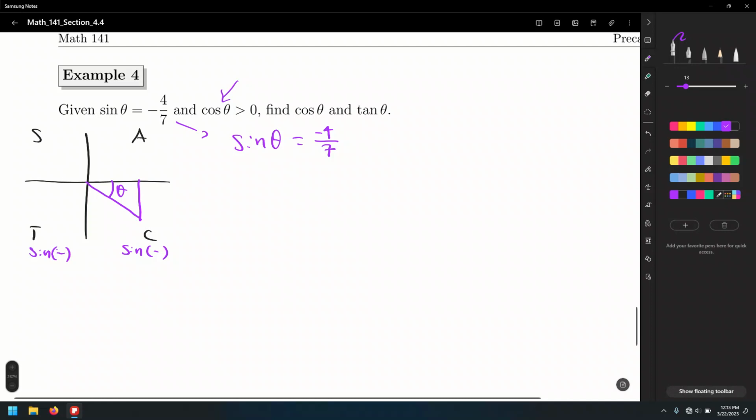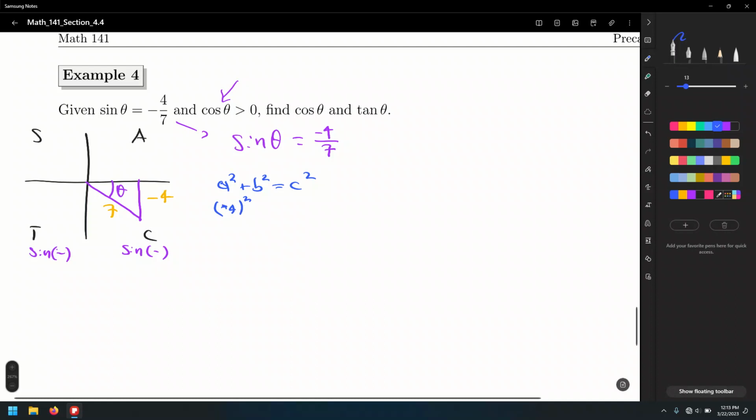Only the sides, either the opposite or the adjacent, can be negative, and that depends on the orientation based on the Cartesian plane locations. From here we can write down the elements of this triangle, -4, 7. We need to find the length of the adjacent side, and for that we would use the Pythagorean theorem: a squared plus b squared equals c squared, where a is given, or could be b, either way.